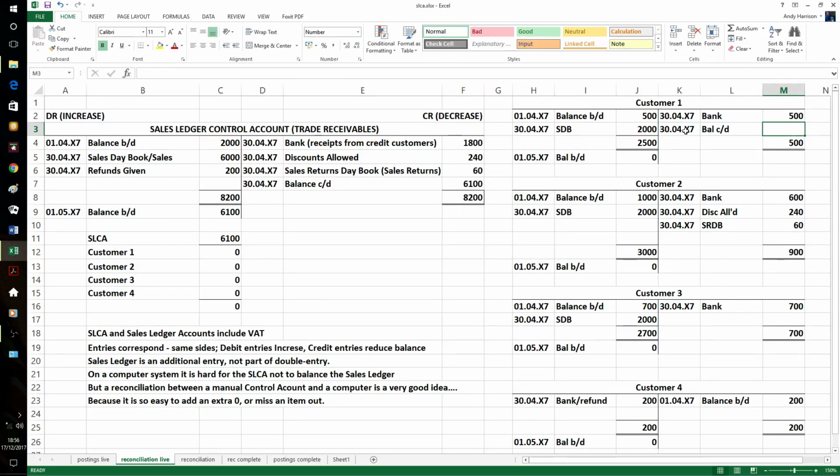Balance carried down should be 2,500 minus 500, and there it goes into the reconciliation. £2,100 also into our reconciliation.